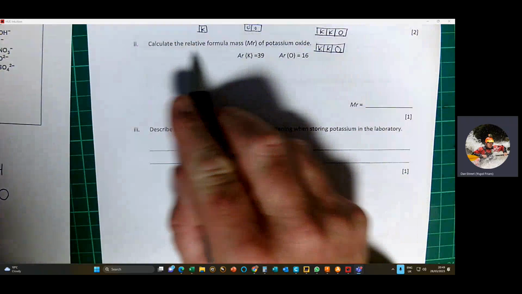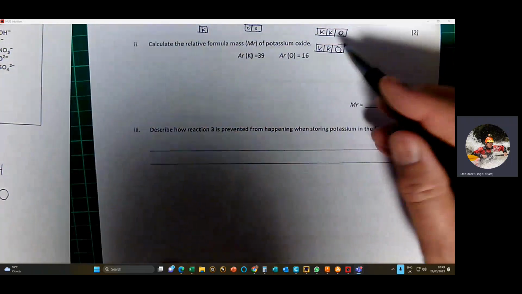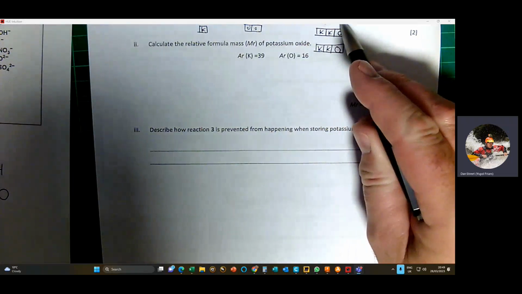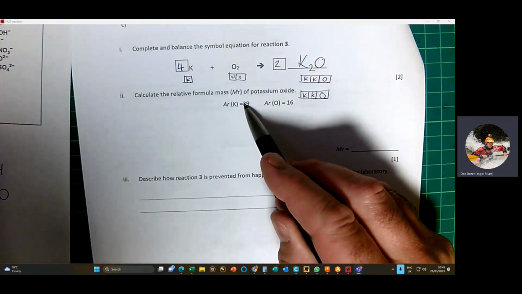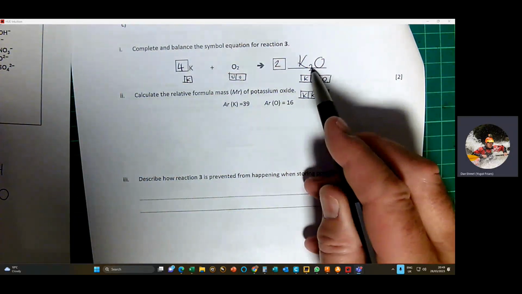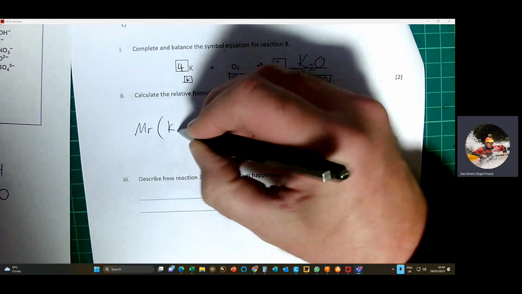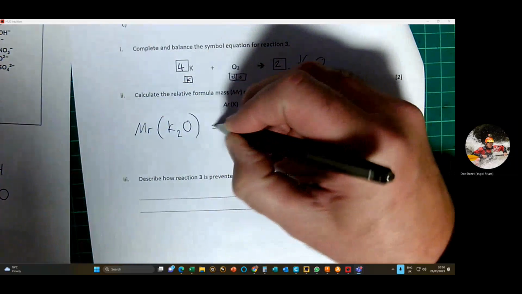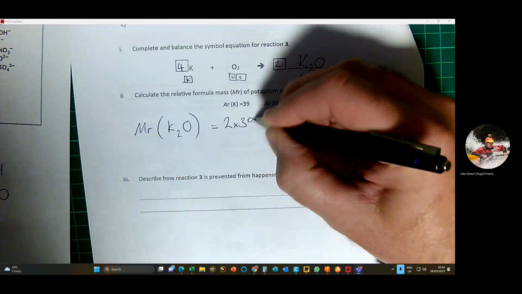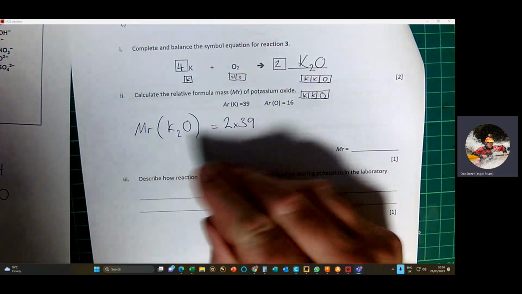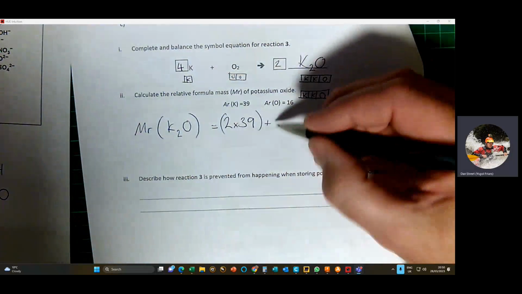Okay, calculate the relative formula mass of potassium oxide. Okay, now we've already established that potassium oxide is K2O. So what we need to do is to take the mass of 1 potassium and multiply it by 2. So the Mr of K2O equals 2 times 39, because there are 2 potassiums and our potassium weighs 39, plus 16.